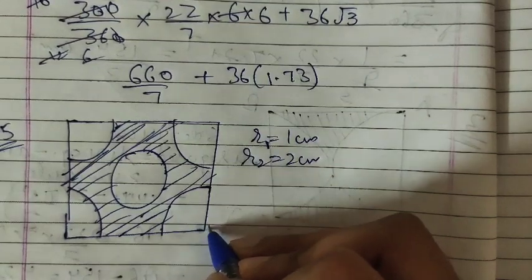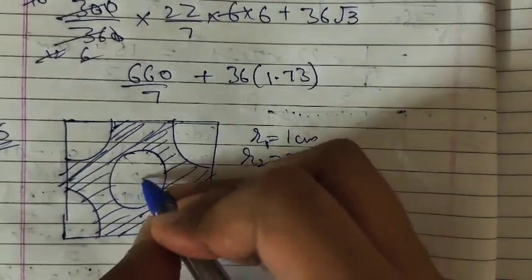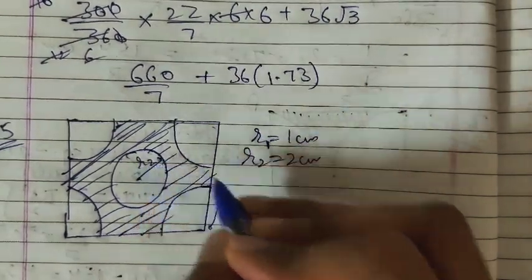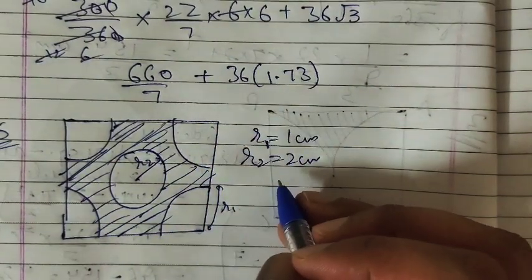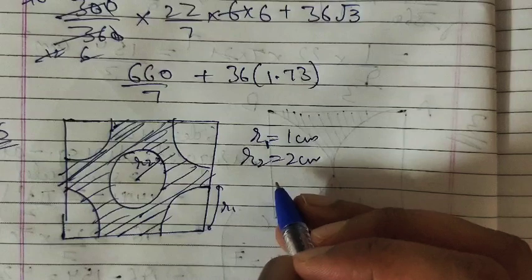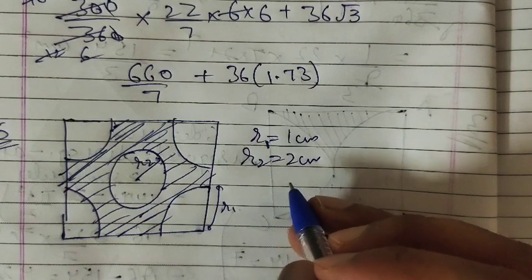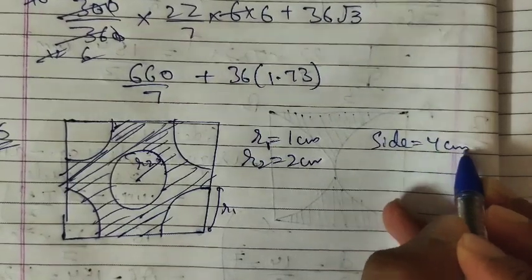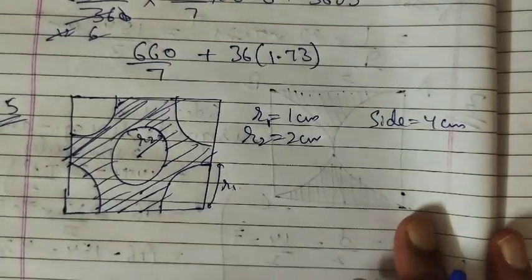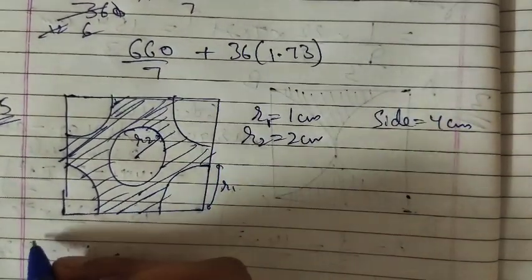So this is R1 and this is R2, right? And the side value of the square is given in the question, it is 4 centimeter. Now let's apply area of shaded region.